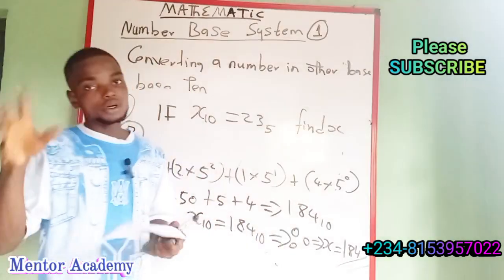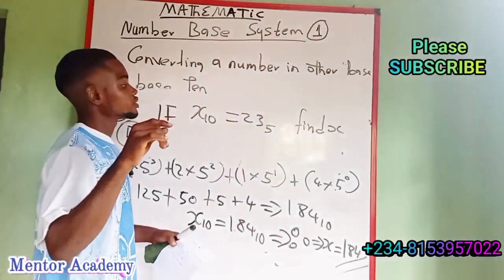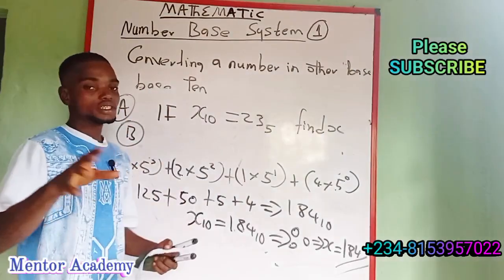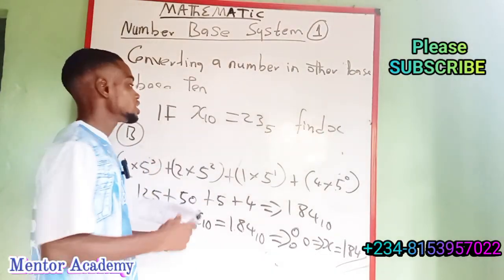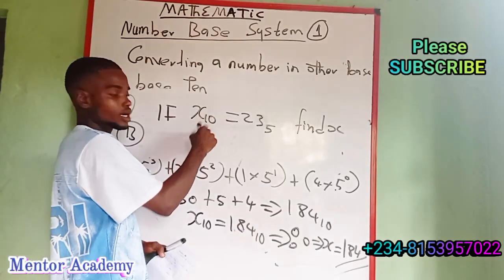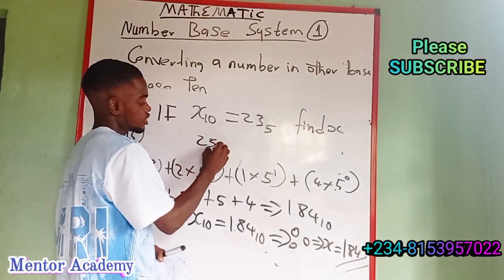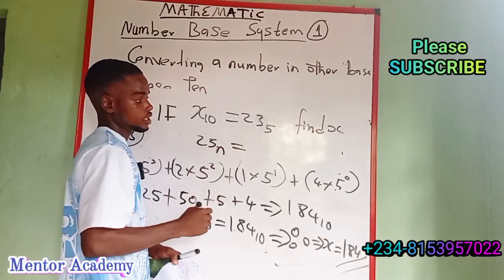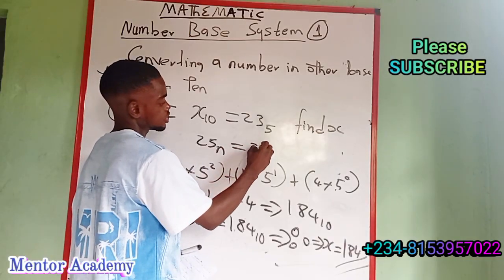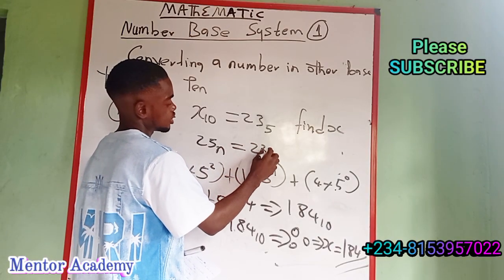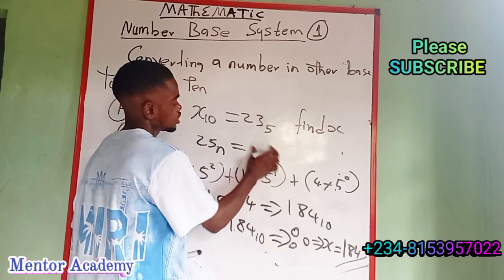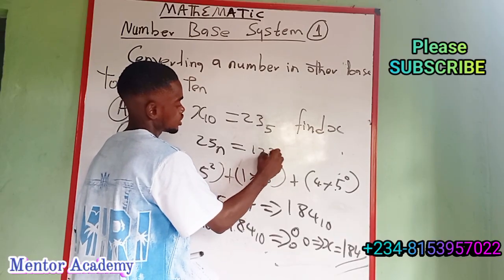Now I want you to know something. There is a difference between this question and this other question when you see them in your past questions. Maybe you have something like this: 25 to the base n equals 123 base 5.